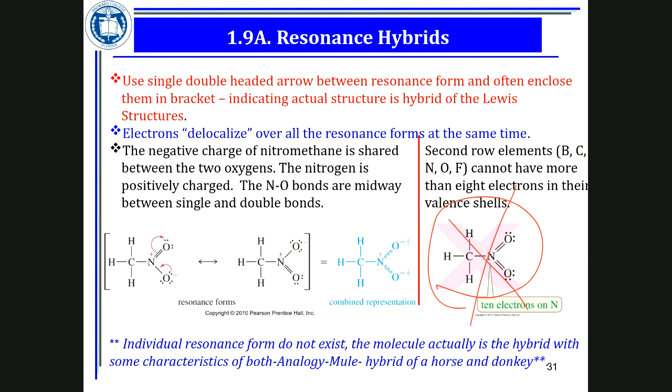This is even worse, because you may force oxygen to lose an electron, but you cannot force nitrogen to get more than 8 electrons. This is giving 10 electrons to nitrogen. It's going to make it very unstable. It doesn't exist, or the percentage is going to be less than 1%.